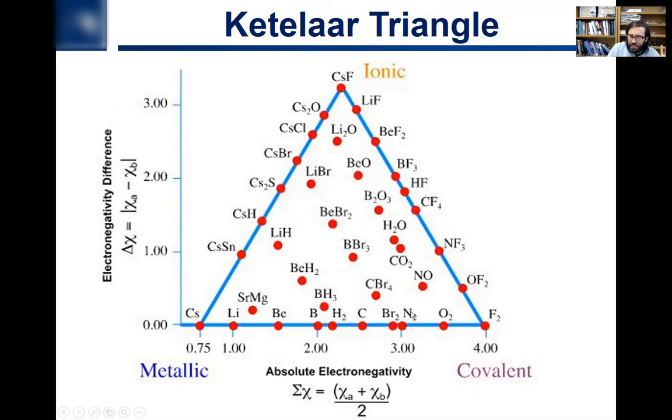But again, the distinction there is kind of a gray area, not too important. You could have certain alloys here, like the strontium magnesium alloy that's shown, that would definitely be a little bit polar, but certainly metallic in nature. And then ionic compounds up here towards the top, like beryllium oxide, lithium bromide, lithium oxide. So this is a really nice way, I think, of visualizing the bonding space in binary compounds.